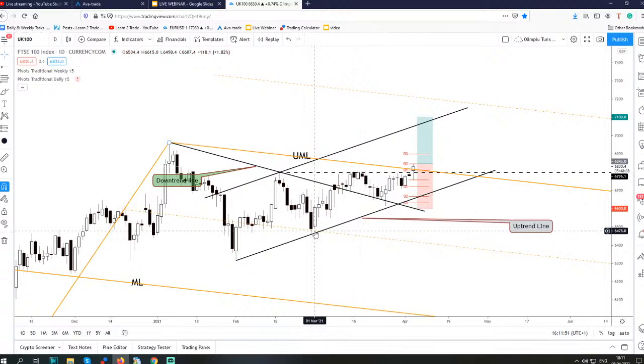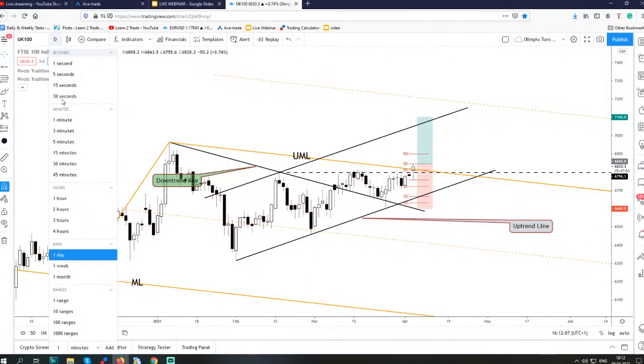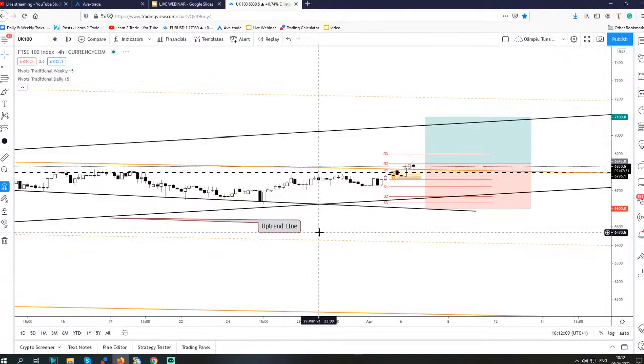So as long as the price is traded above this uptrend line, the outlook is bullish. Okay, guys, and very important, let's go again on the 4-hour chart.